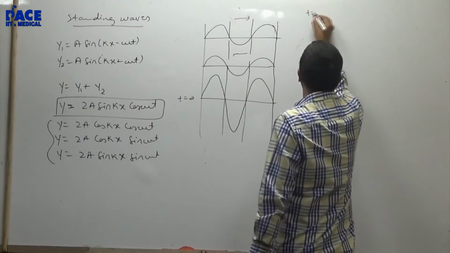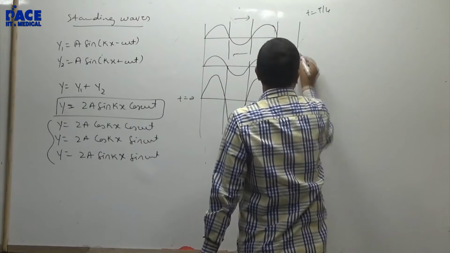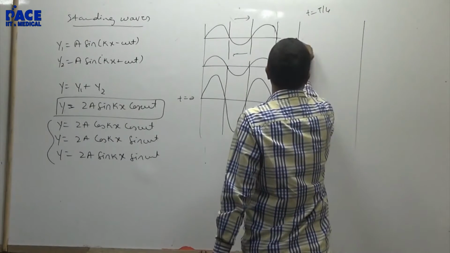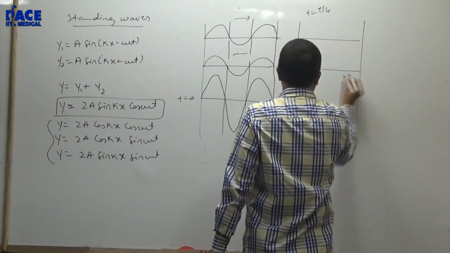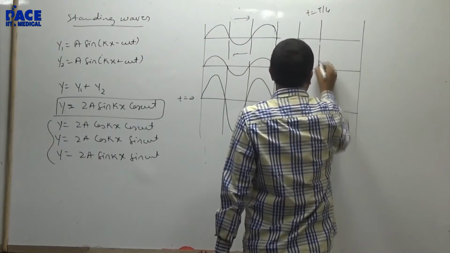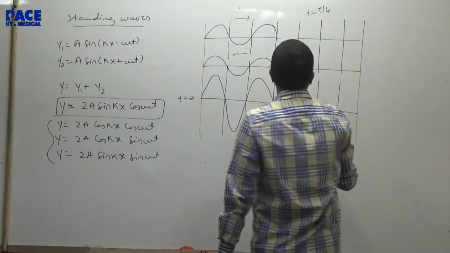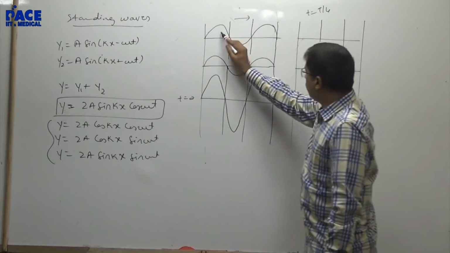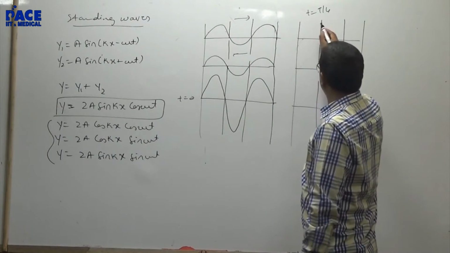At time t equal to T by 4, this will move ahead. This peak will come here.